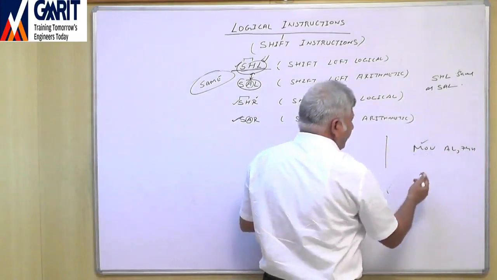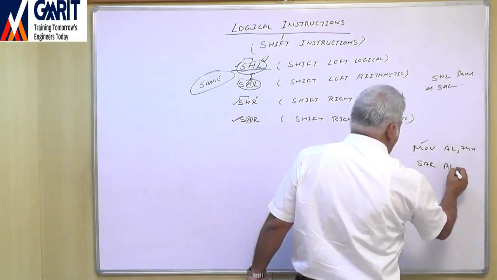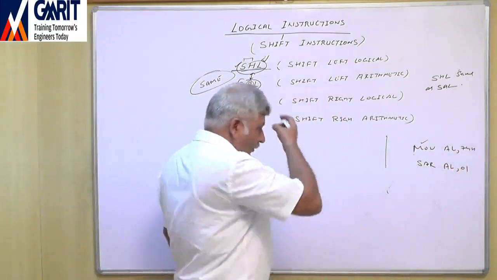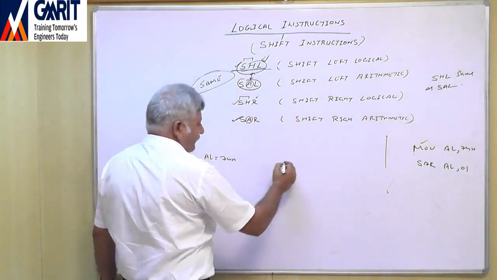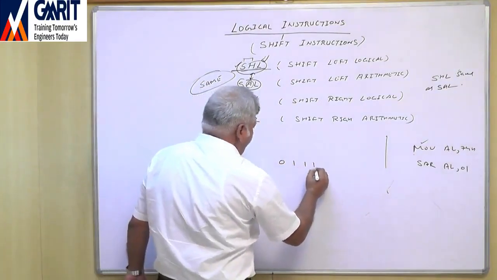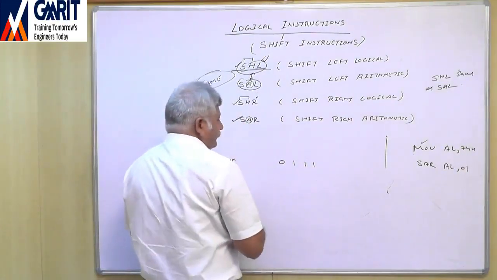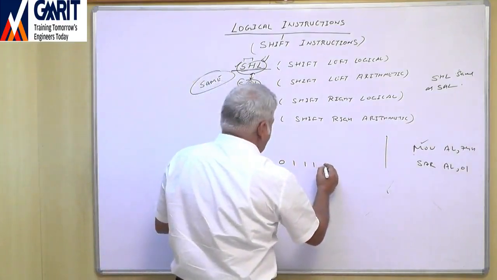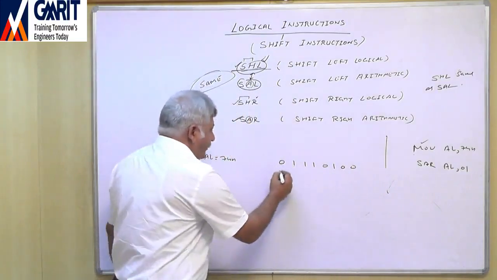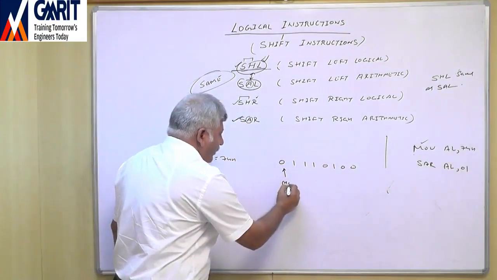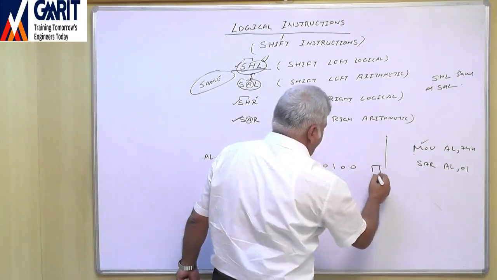MOV AL, 74H, then SAR AL, 01. So the value of AL is 74H: 0, 1, 1, 1, 0, 1, 0, 0. This is your MSB, and this is our carry flag.